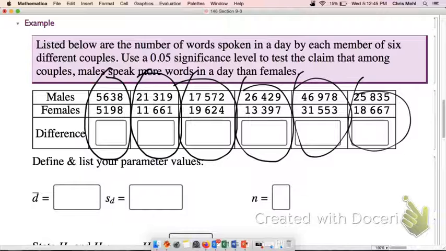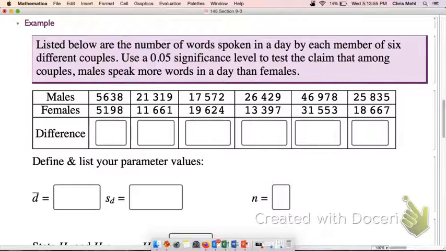It really doesn't matter how you do this, but the choice that you make is going to change how you write your alternative hypothesis. So here we go. I'll probably show you how to do this in StatCrunch as well, but I had StatCrunch already compute the differences for us.